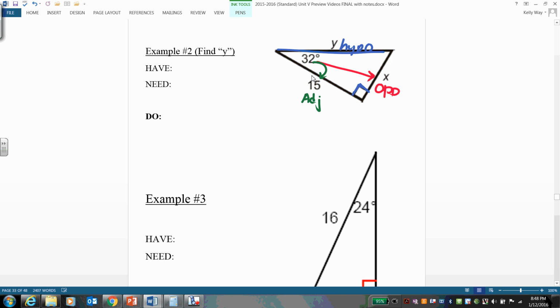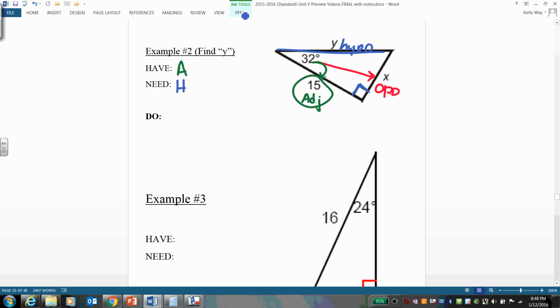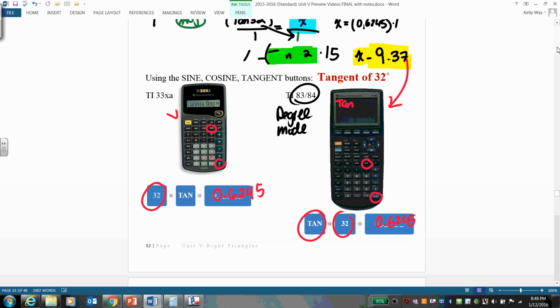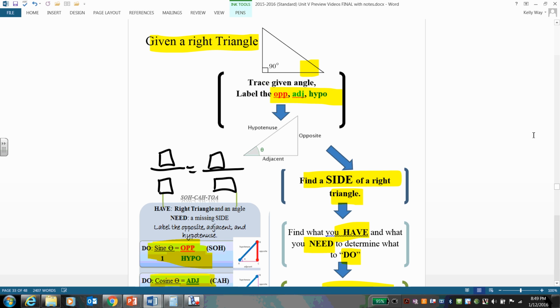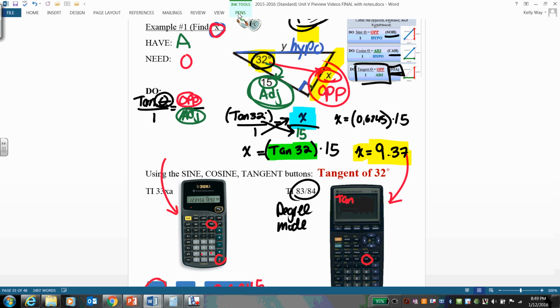We have the adjacent. In this case, we want the hypo. I have an AH scenario. And even if this reads like this, we would still say AH scenario. So you ask yourself, if you go back to your right triangle toolbox sheet, which is back here, what goes with AH? And what goes with AH is cosine.